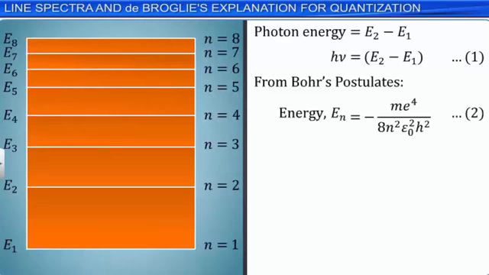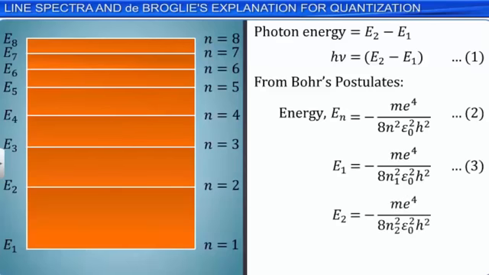Now using the result of equation 2 for n1, the energy E1 is equal to minus m e power 4 by 8 n1 square epsilon naught square h square. Let this be equation 3. Similarly, for n2, the energy E2 is equal to minus m e to the power 4 by 8 n2 square epsilon naught square h square. Let this be equation 4.